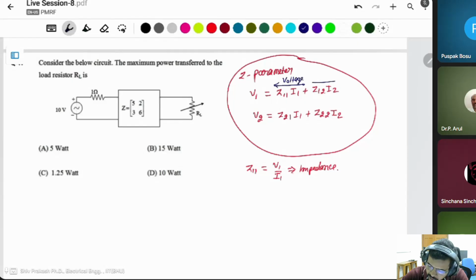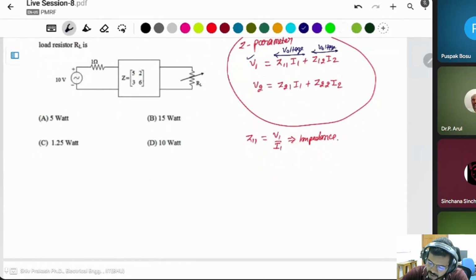This is also a voltage, because this equation is a voltage equation. It means there is a voltage drop here, and this is the secondary side parameter. It means you can say this is a voltage source dependent on the current.